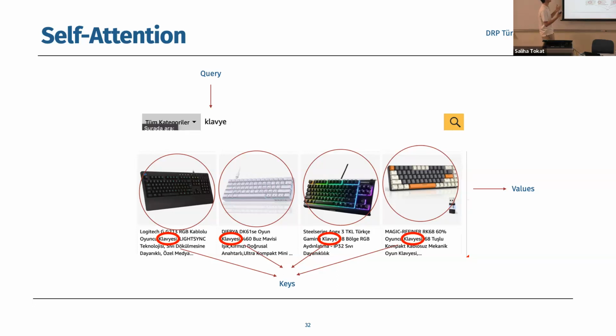In the background, the Amazon website takes your query and compares it with its database and returns all the possible results. In their database, they have product names, product features, product descriptions, product text, etc. They take your query and compare it with their features, and we call these features keys in our case, and it returns all of the relevant products, and we call these products our values.